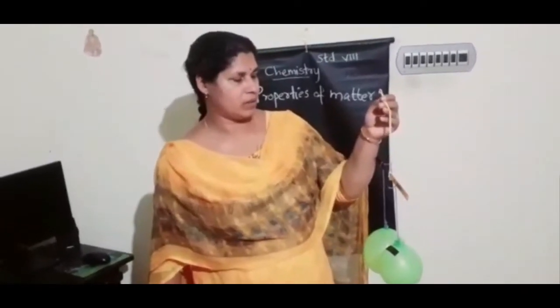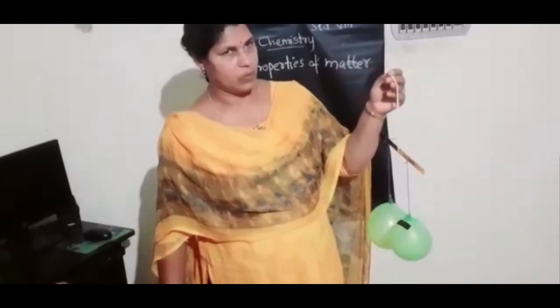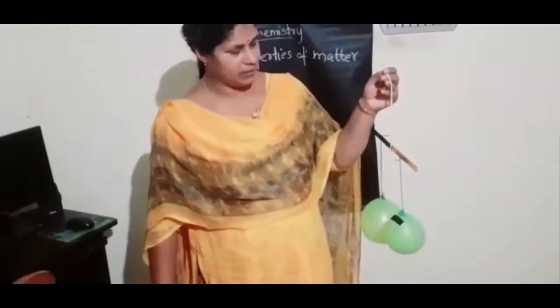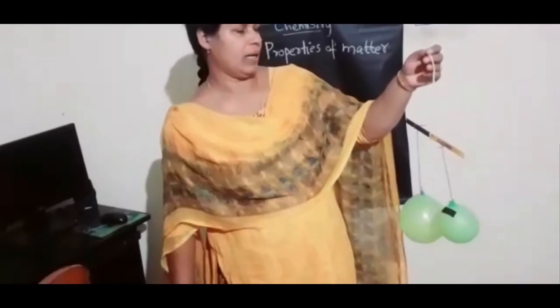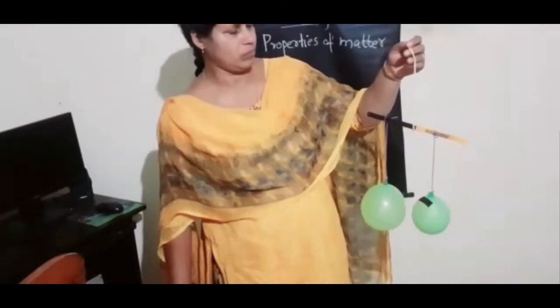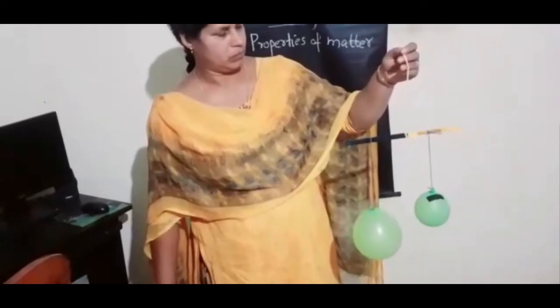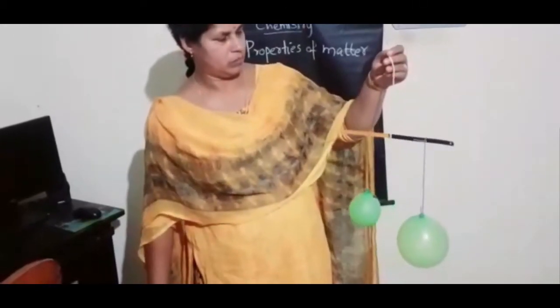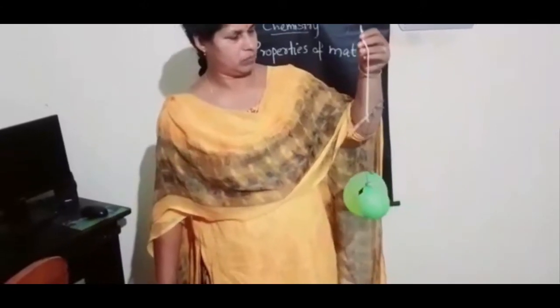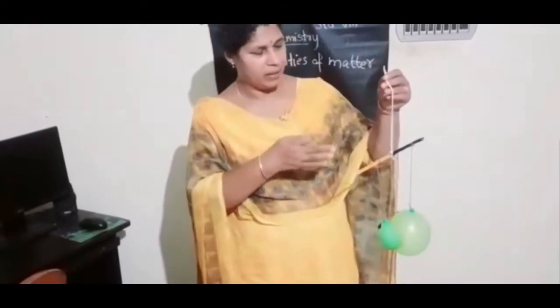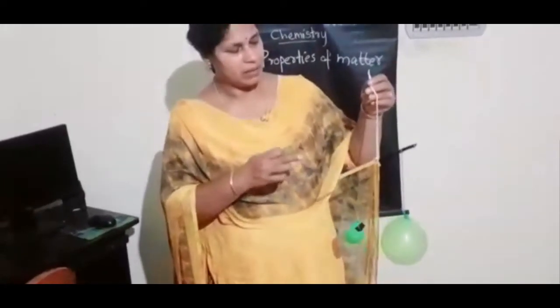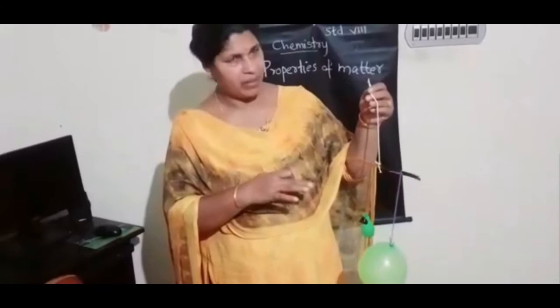So the balloon is losing its size. It is getting small. And what happens to the axle blade? You just see what happens to the axle blade. When the whole air is lost, the axle blade comes down. You can see that this side is coming down.